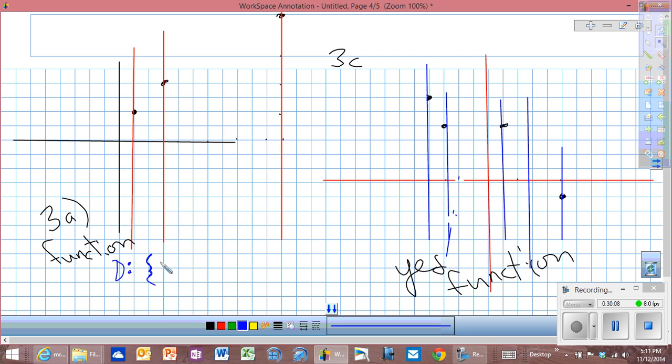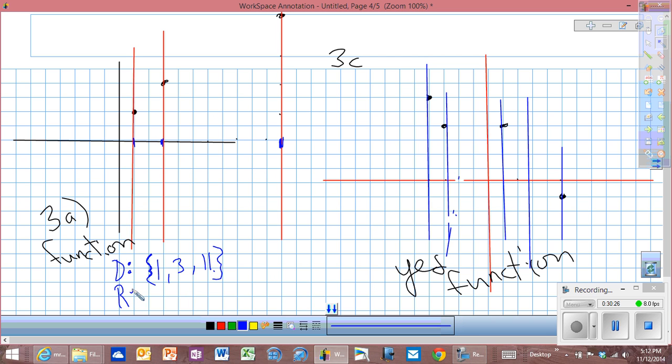So our x values were 1, 3, and 11. Okay, this is 1, this is 3, this is 11. It should be a squiggle bracket at the end too.